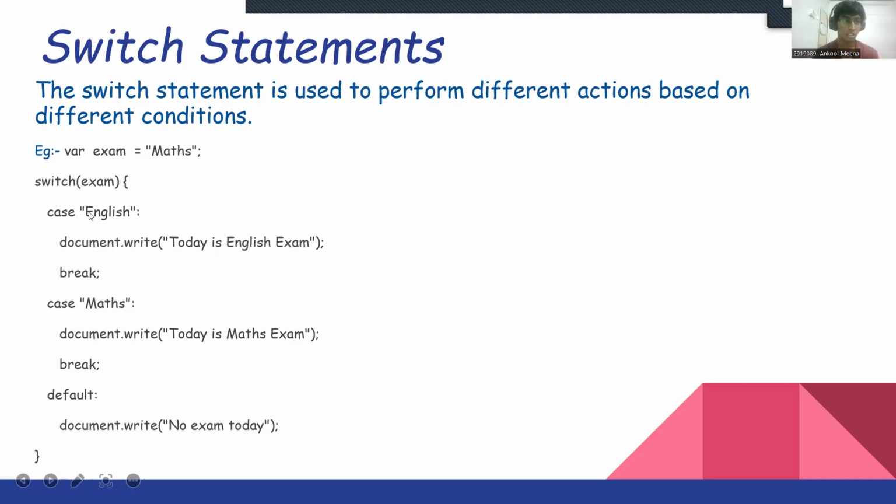For example, first is case English. As our exam is maths, it will be false and it will not go inside this case. And as it's maths, it will be true, and it will print out today's maths exam. If none of the cases run, we have to provide a default case. If it's some science exam, for example, there is no exam, so by default I have considered the condition as no exam today.